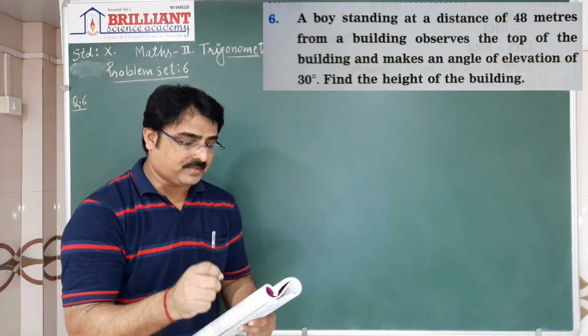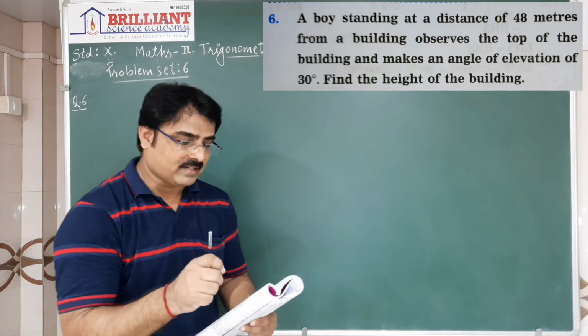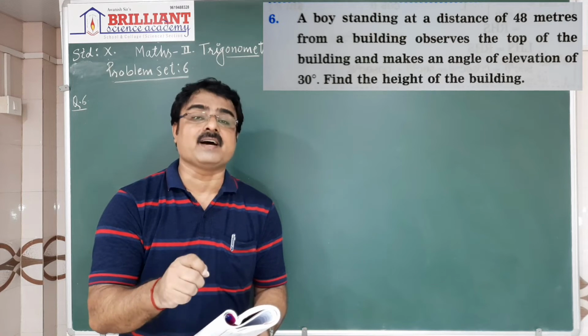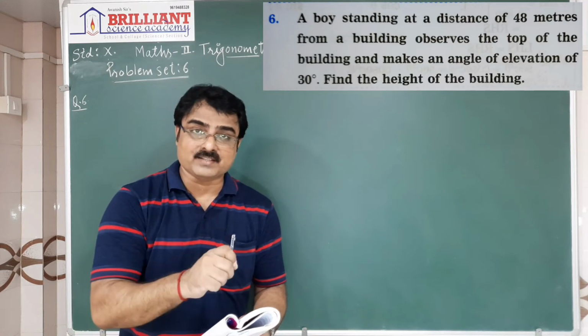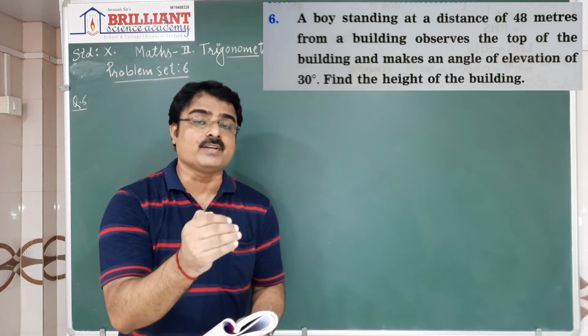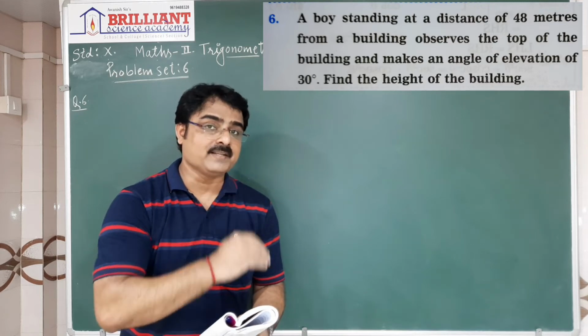He observes the top of the building and makes an angle of elevation of 30 degrees. Find the height of the building.